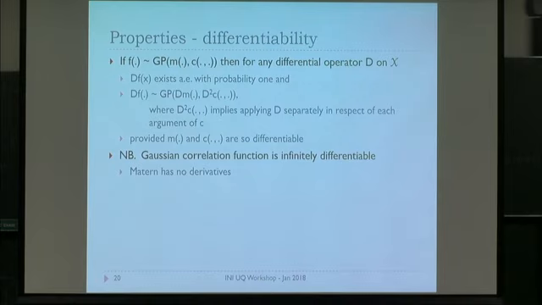The Gaussian correlation function is great for all kinds of smooth computer codes, whereas the Matern has no derivatives, and therefore it represents functions that in principle are not differentiable anywhere. So the benefit in terms of working with computer codes is that we can get, if you like, an adjoint automatically. We can get derivatives of the function as soon as we've built the emulator. We can immediately emulate the derivatives of the function.